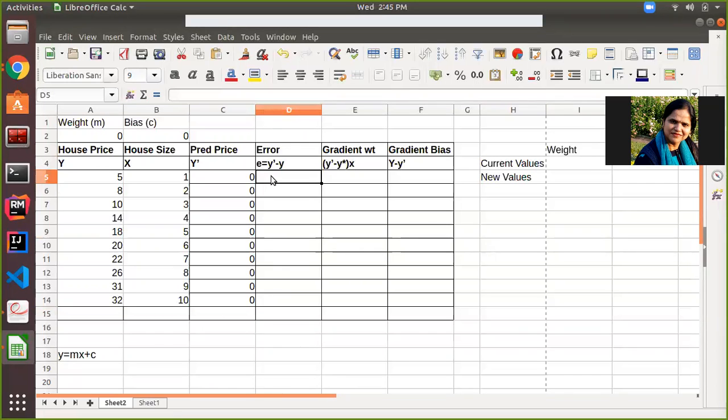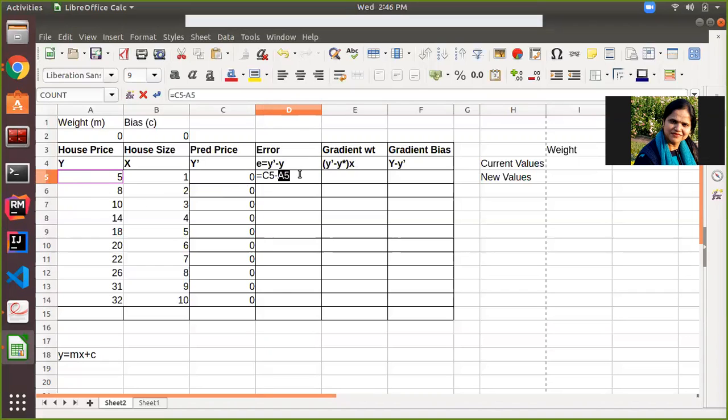After that, I will calculate the error. What's the error between the predicted house price and the given house price? The formula for error is y dash minus y, predicted house price minus y. So I'm doing this, equal to this minus this.